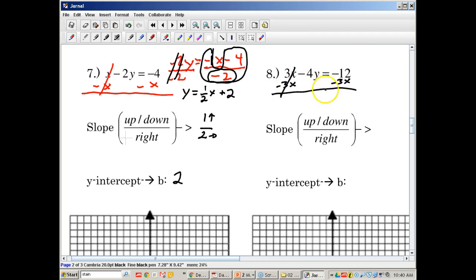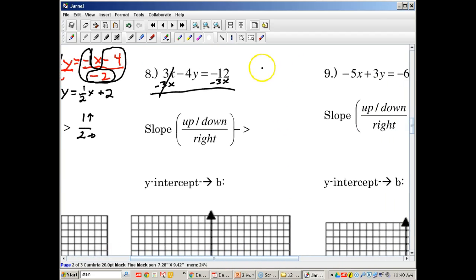Okay, this last one. Then I'm going to skip to 10 and 11 because they're a little different. The purpose of these few is just to practice having all those negatives floating around and how to simplify negatives. As long as you're writing neat, you'll be okay.